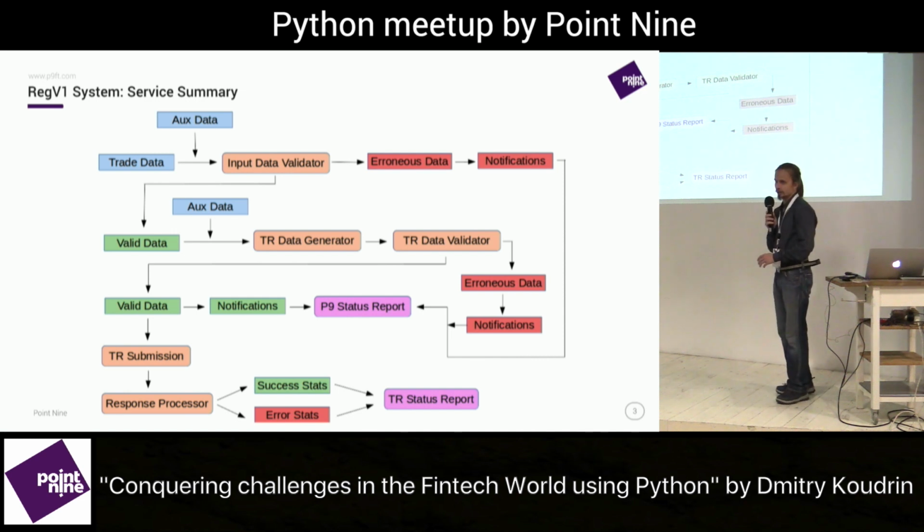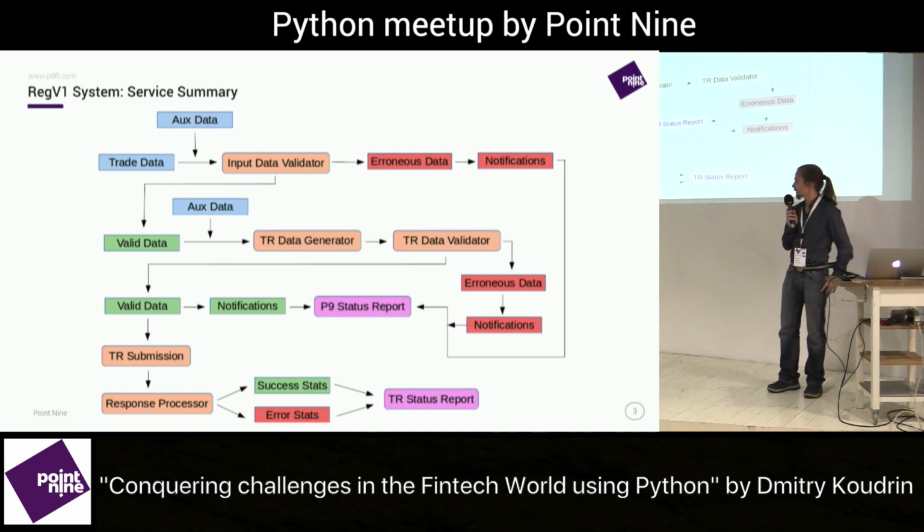And again, after we have generated the data meant for the trade repository, we validate it again. We perform sanity checks and make sure that it's consistent. Then again, if we have any errors at this stage, we notify our clients. And if we have valid data, we process it further and submit it to trade repositories.